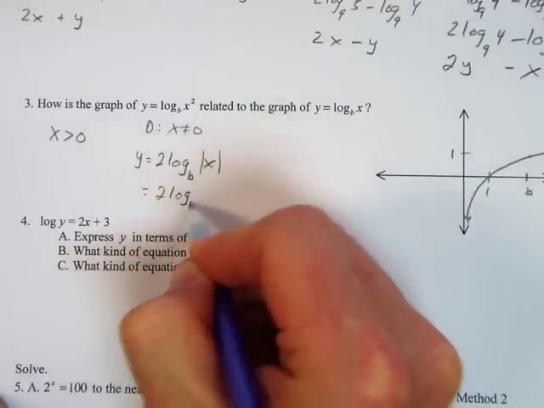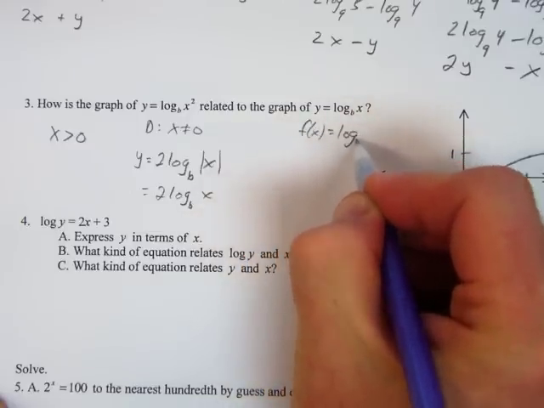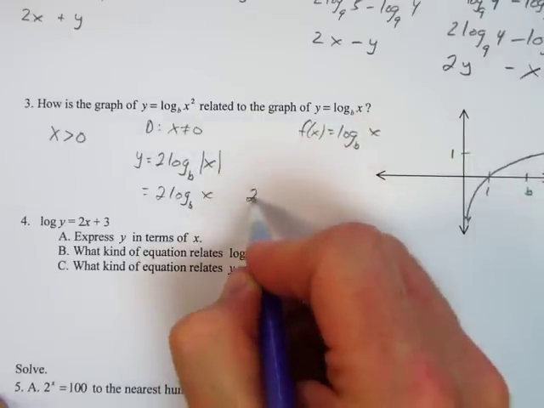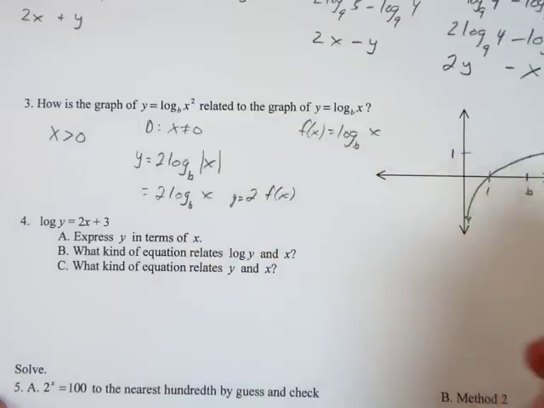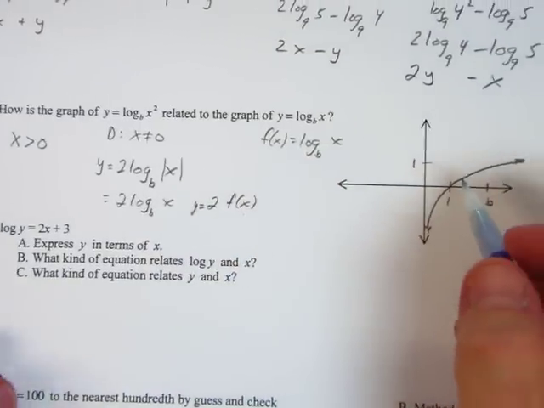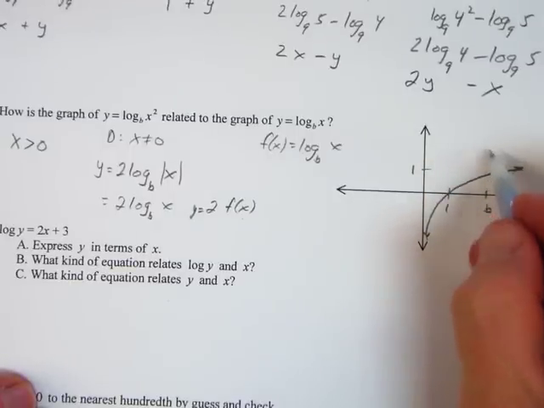So what does this do to the graph? Well, if f of x is log base b of x, then this is looking at 2 times f of x. Well, what does that do to the graph? That's multiplying the y values by 2. So we're going to take our graph here and we're going to double all of the y values. So instead of having here at 1, it's going to go up to 2.